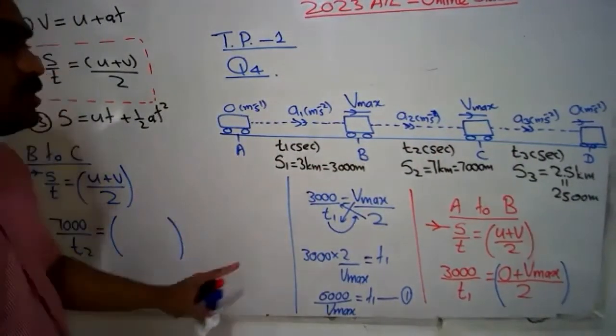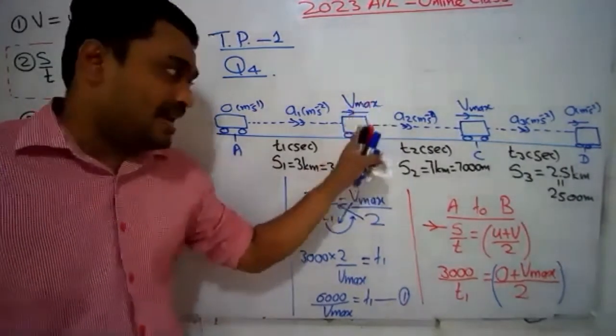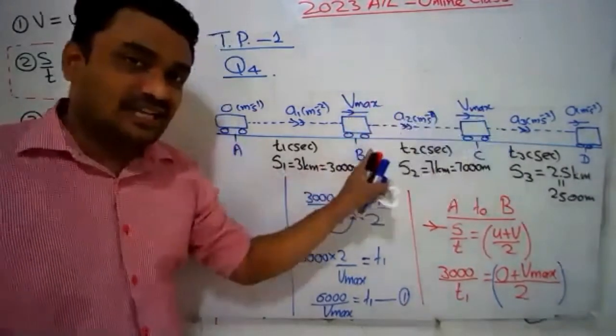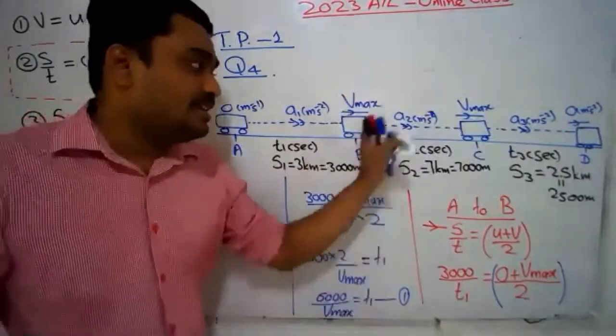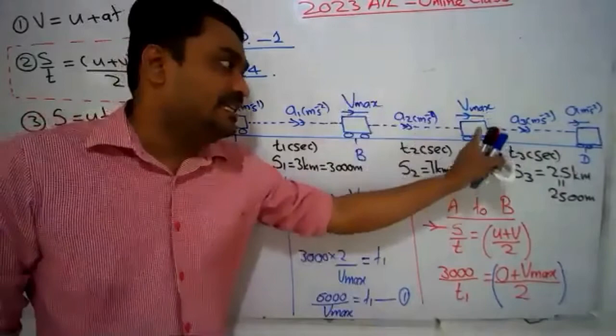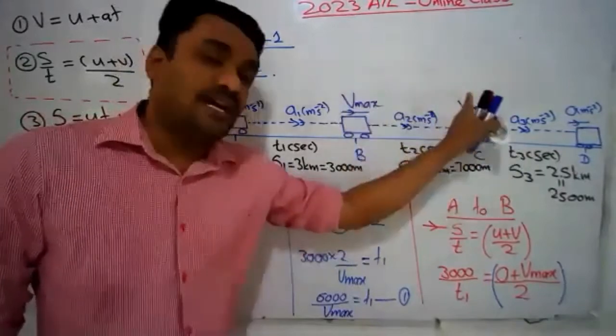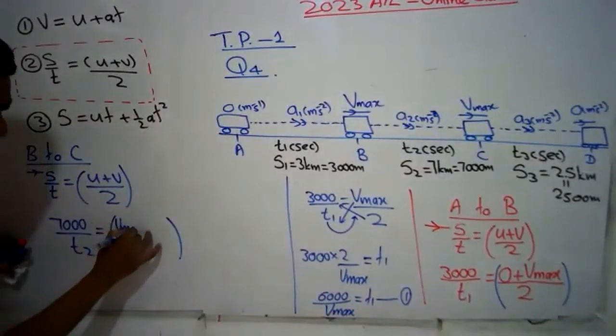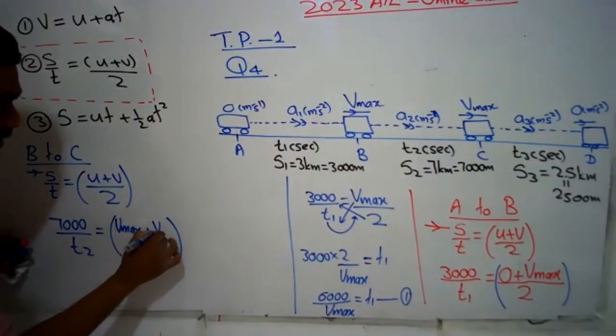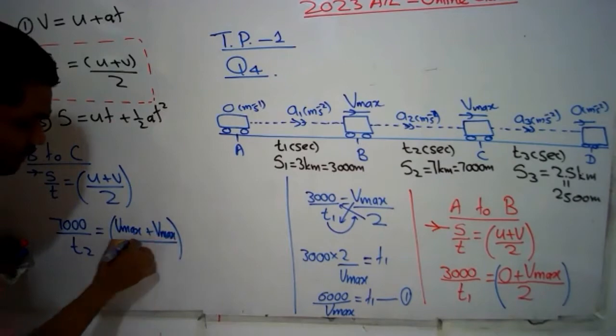U is the velocity at the point B, that is Vmax. Initial velocity means velocity at the point B. Final velocity is the velocity at the point C, that is also Vmax. It means initial and final velocities are equal.